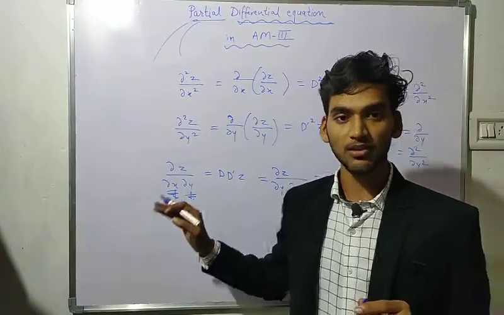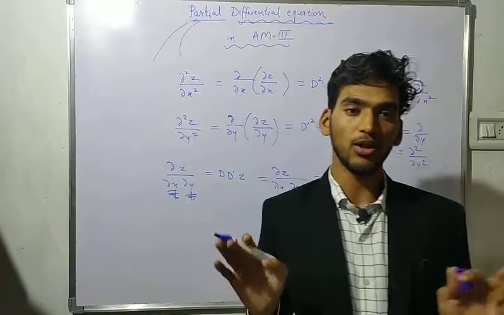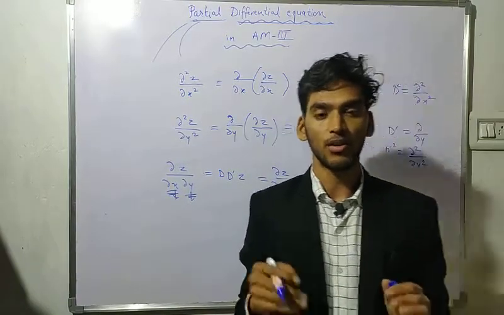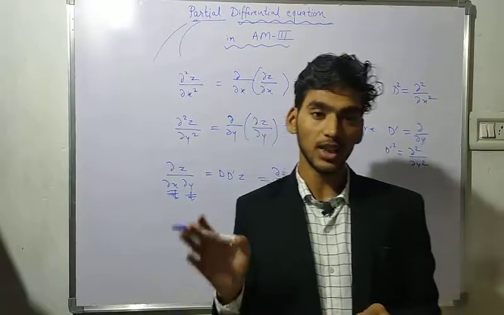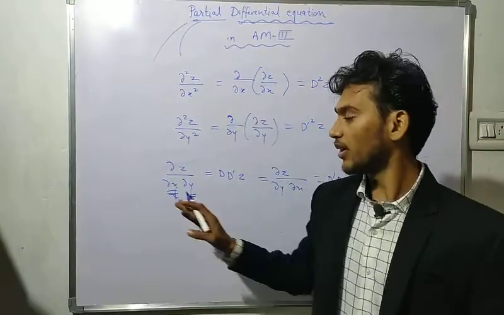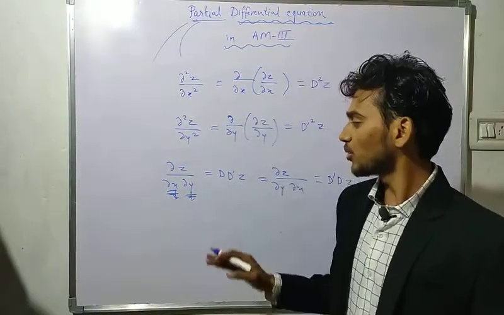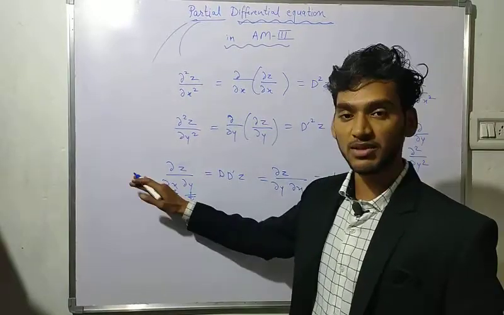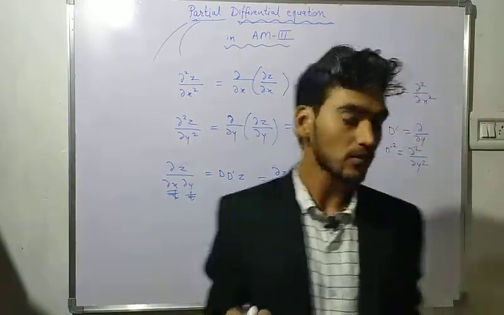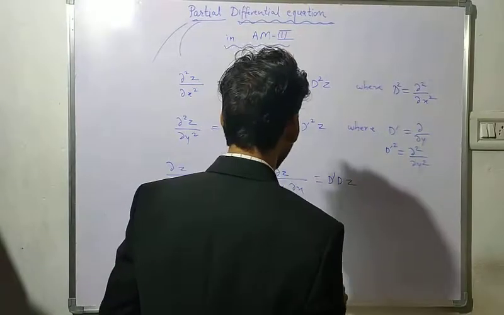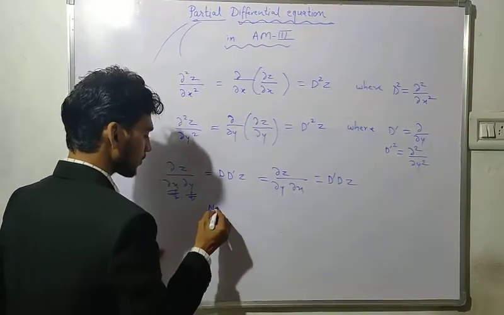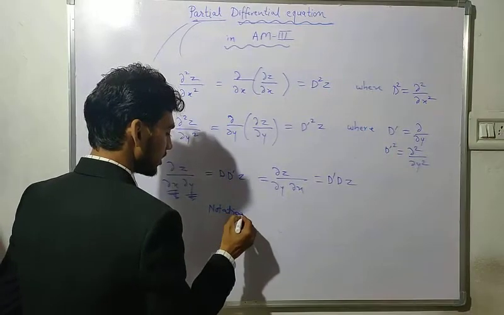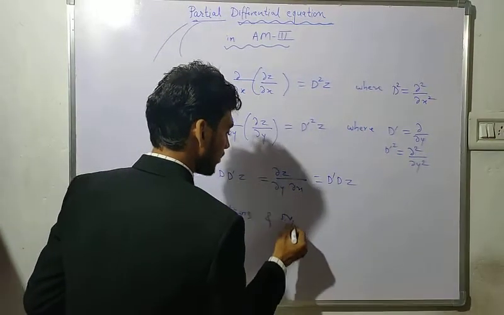There are some conditions when they are equal, and you have to search over the internet or in any book, and after completing the lecture, you have to reply what the conditions are for this mixed partial order derivative D D dash z to be equal. So these are the notations and symbols.